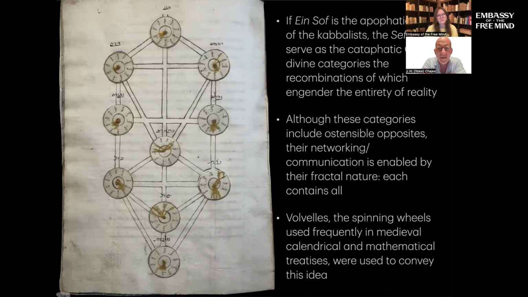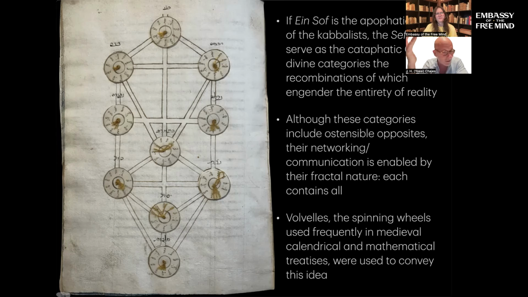So if Ein Sof is that God about which nothing can be said, the Sfirot are the God about which much can be said. In fact, an early Kabbalistic pun from 14th century Italy says that Sfira comes from lesaper, to tell a story, because all the stories of all of reality forever are stories of the Sfirot being revealed in countless ways.